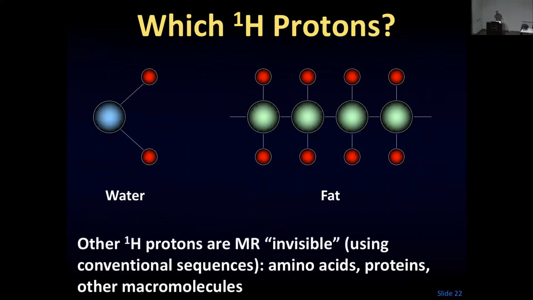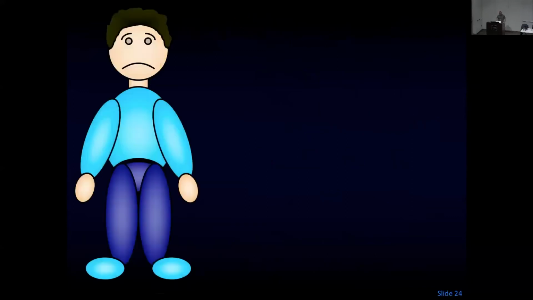Amino acids, proteins, cholesterols, other macromolecules, invisible using MRI. So if you wanted to look at proteins with MRI, you can't do it with regular clinical sequences. You have to play certain tricks which are beyond the scope of today's discussion. So clinical MRI, we're looking at water, we're looking at fat.